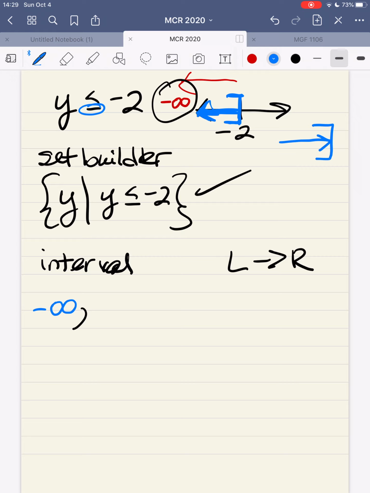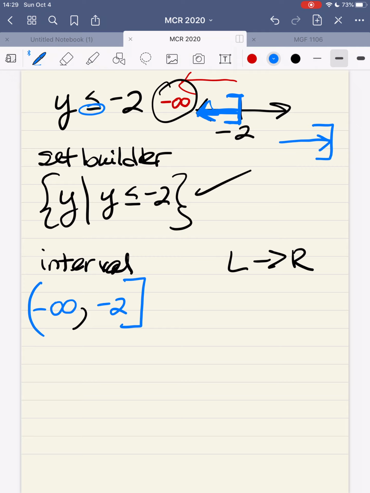My furthest number to the right is -2 because once I reach there, I'm done. I can't go any further. Now the -2 had a bracket, so that's what I'm going to go ahead and use. Infinity or -infinity always gets a set of parentheses because we never quite know where that's ending. And it's going to end up right there.